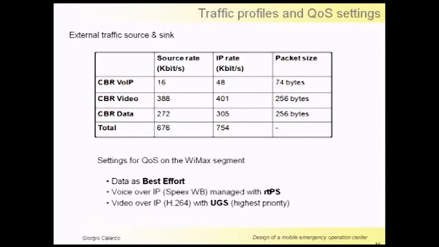Well, these are simply the traffic profiles that we have used, but the most important thing is that we have applied different QoS schemes within the WiMAX segment, so that bulk data is treated as best effort traffic with a low priority. The audio communication is managed with RTPS, and the video flow is managed by UGS, which is the policy scheme with the highest priority. So very close to what could happen in reality.